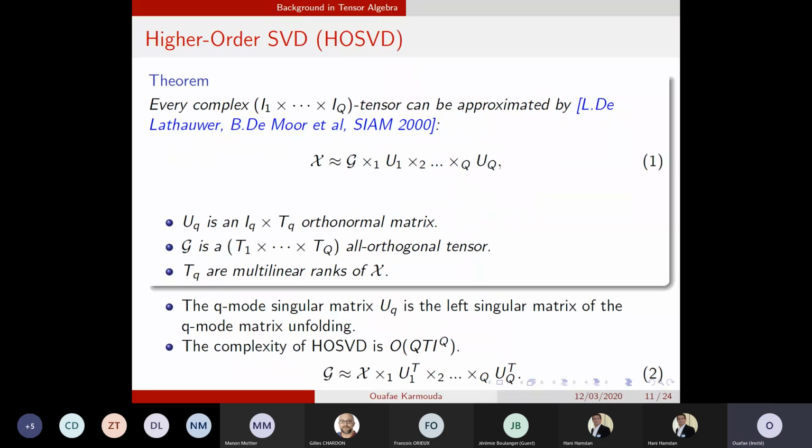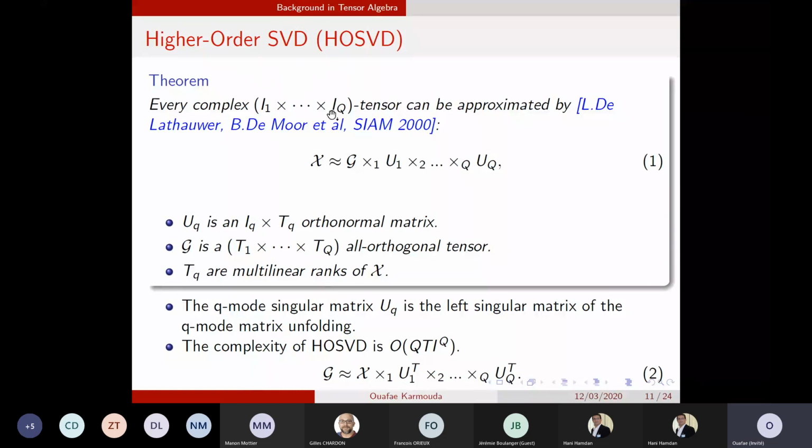Now, just like for matrices, where we have very interesting matrix decompositions, such as the singular value decomposition, which is a very common and widely used tool in different applications, and particularly in machine learning, we would like to have an analogous decomposition for higher-order tensors. So here I will present the higher-order SVD, or higher-order singular value decomposition, which can be seen as one of the generalizations of the singular value decomposition for higher-order tensors.